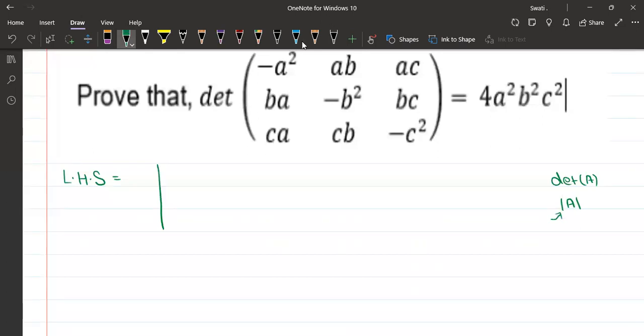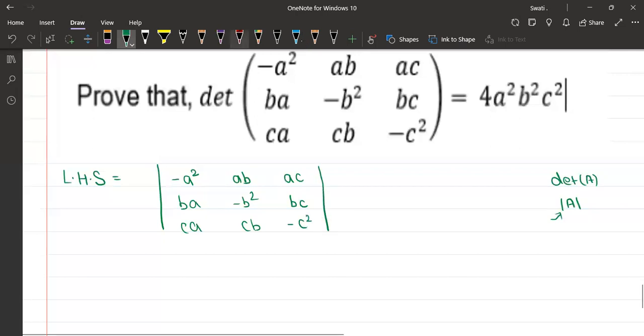In the first row, we have minus a square, then AB, and then AC. In the second row, we have BA, then minus B square, and then BC. In the third row, we have CA, CB, and then minus C square. This is the determinant that we have.